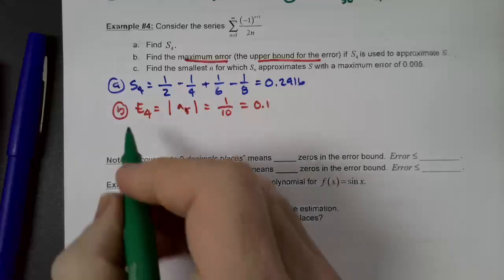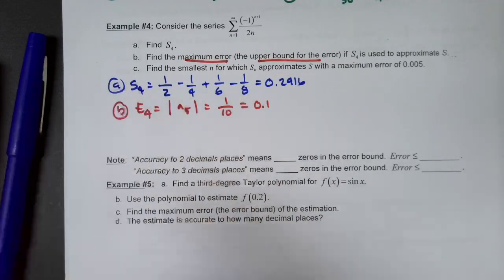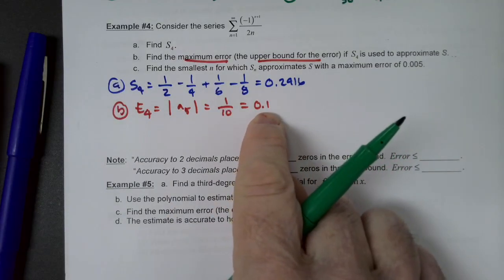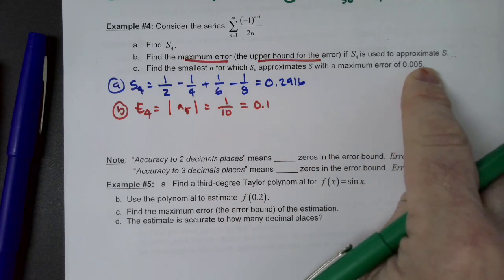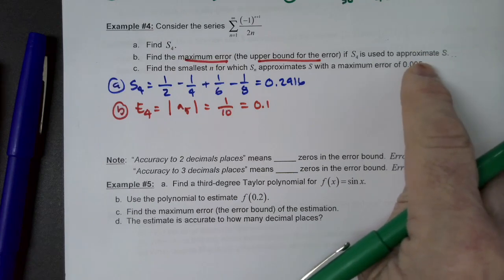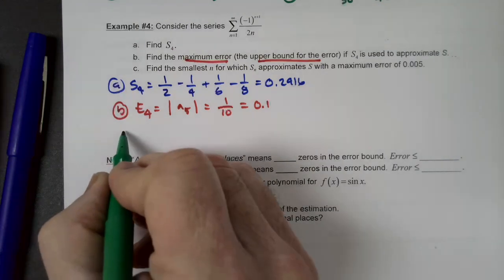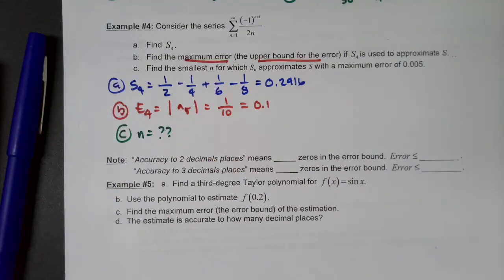Well, this is saying, hey, we did the fourth partial sum, and we were this far away with an error of 0.1, but the engineer said not good enough. We're only accepting an error of 0.005. You got to get closer. Well, how many terms will that be? Okay, in other words, what is n going to be?